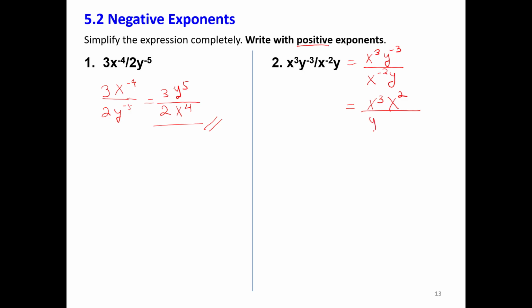We have y here. This is 1. We don't want to move this one, but this one is on top. It is y to the minus 3, and we want this one positive. If we want this one positive, just move it to the bottom. Now I want to write the answer here. What we have to do now is just the product rule. Same base, we keep the base and we add the exponents.